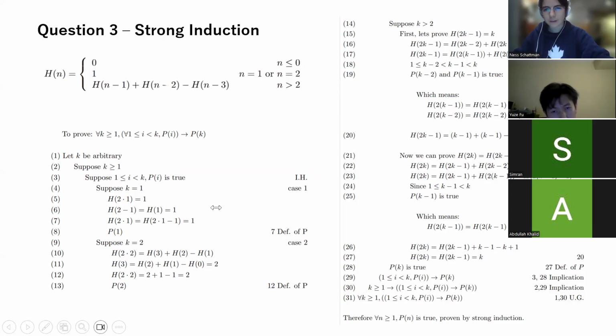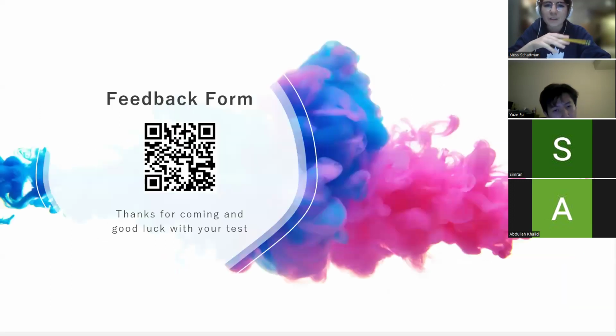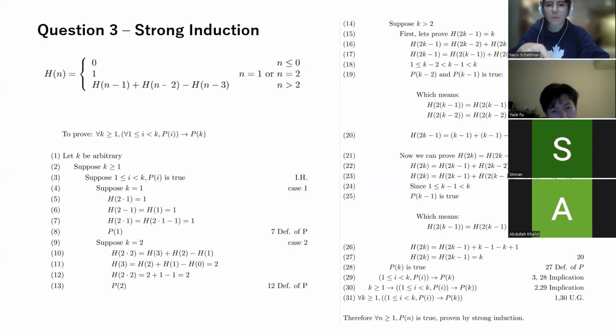Someone else is asking, can we use two cases, k is less than or equal to 2? Not really, because we still need to prove that this holds individually for n equal to 0, n equal to 1, and n equal to 2.